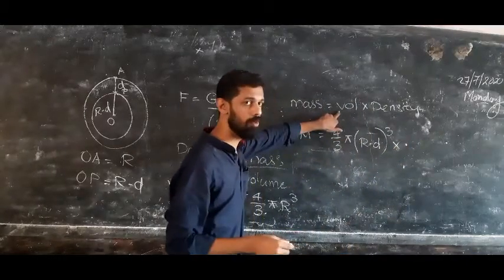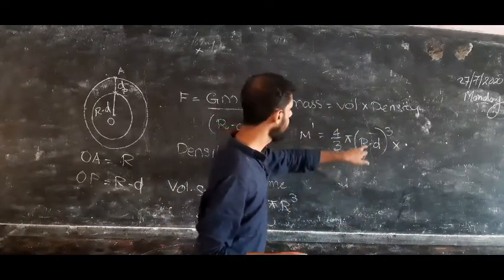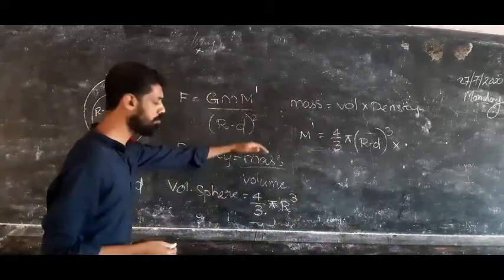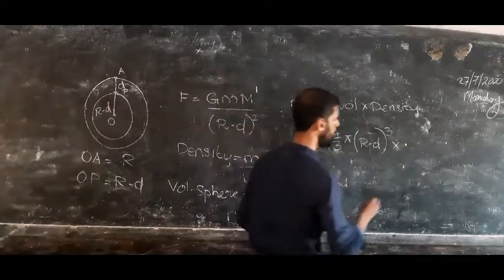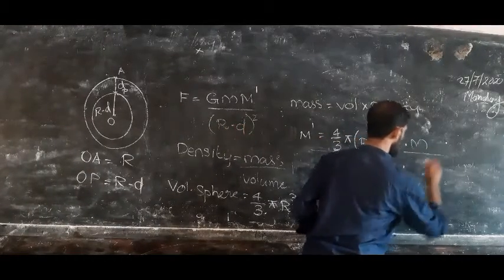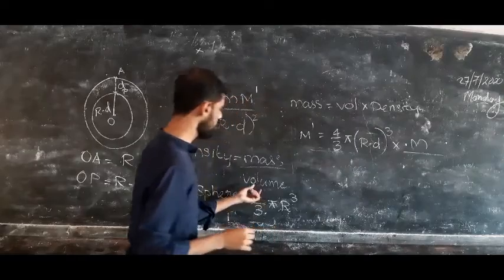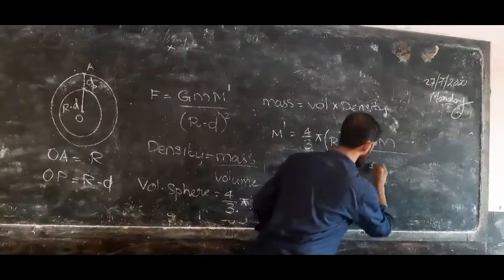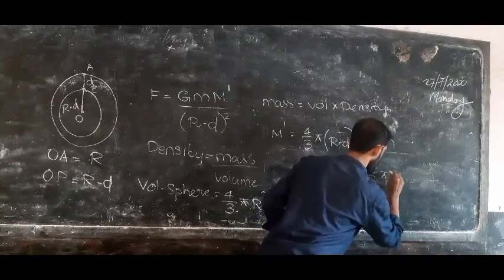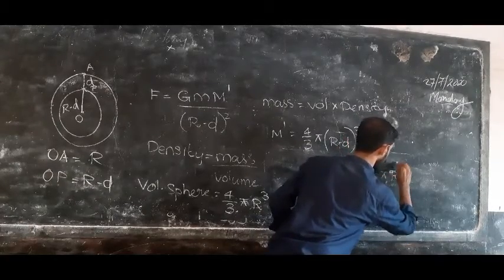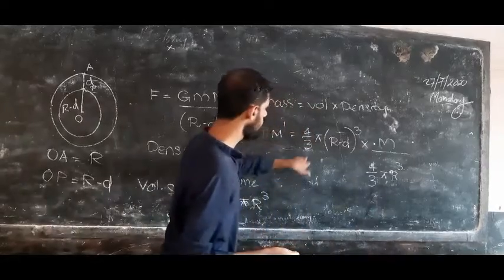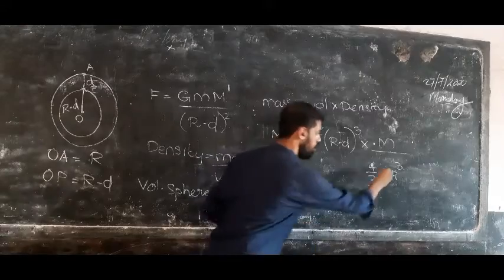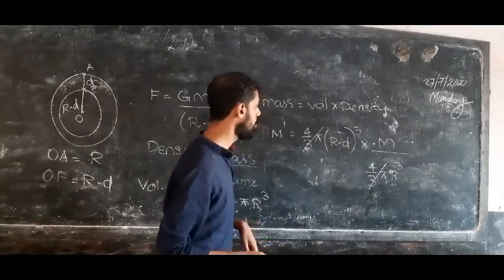Now the portion of volume is over. Now what is remaining? Density. Density is mass divided by volume. So mass m divided by the volume, 4 by 3 pi r cube. Now see, the same terms we can cancel. 4 by 3 pi, 4 by 3 pi is getting cancelled.